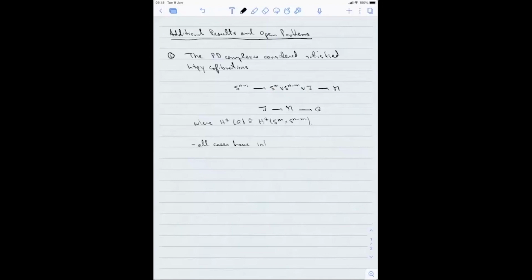So they all have these integral classes in, let's say, the middle homology dimensions for cohomology.